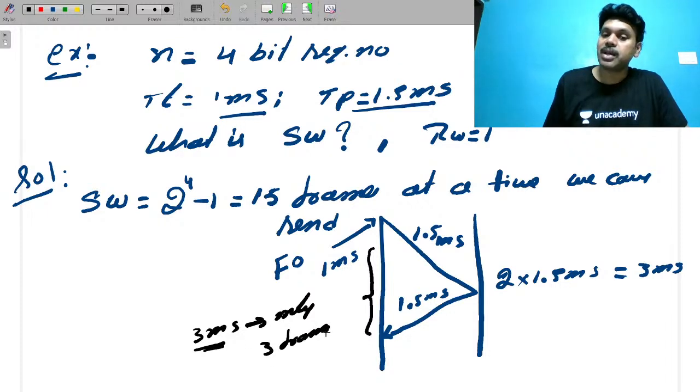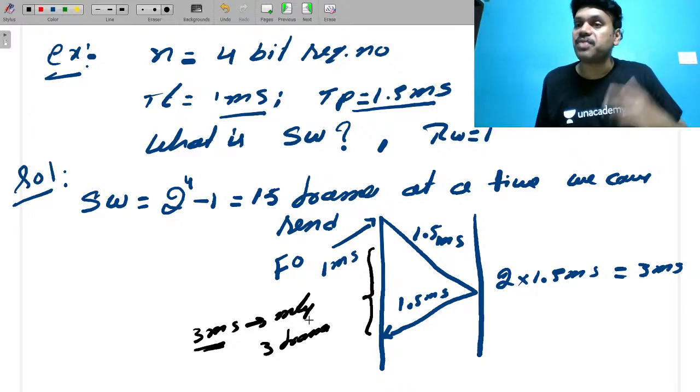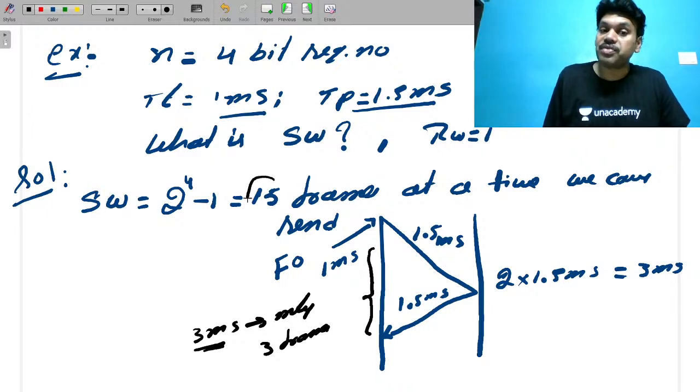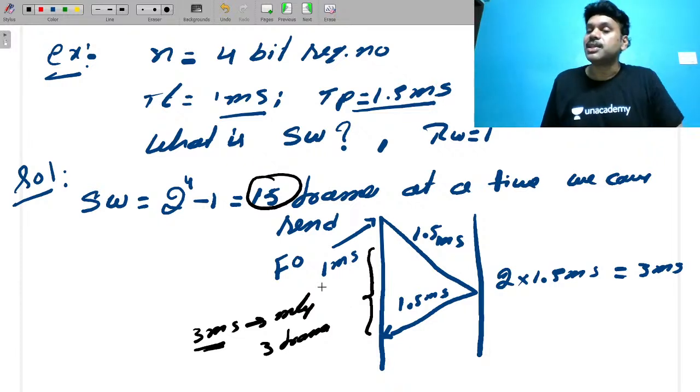Please observe. Because only within the first round trip time can I fulfill. My waiting time is only 3, not infinite. But you have got 15 sequence numbers. Can I send? No. You can send only 3 frames at a time.